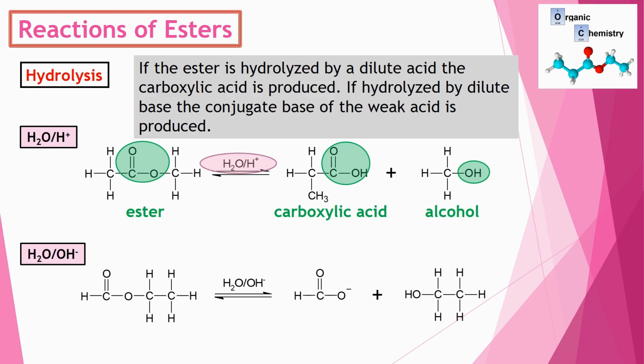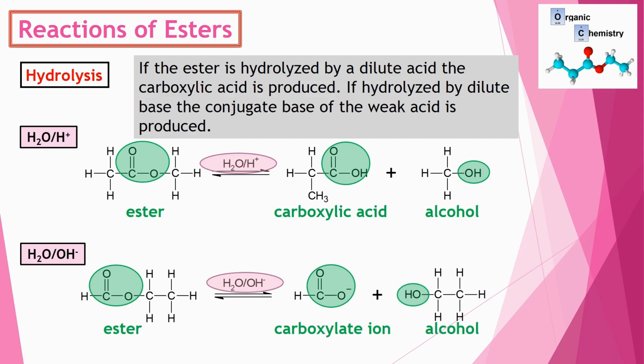This isn't an acid anymore, it's the carboxylate ion because it's already donated its proton. So in a basic solution, an ester will go to a carboxylate ion and the alcohol, because the alcohol is the same in both acid and base conditions, but the carboxylic acid will be an acid in acid conditions and a carboxylate ion in base conditions.